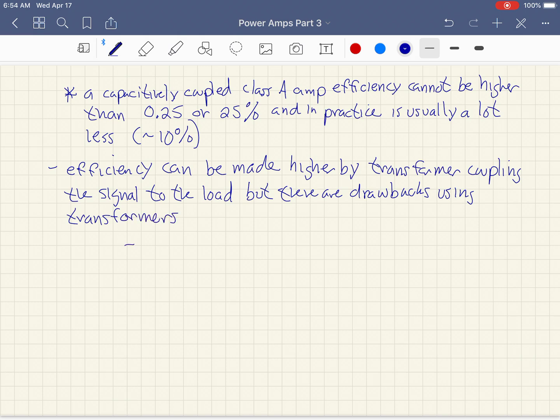They're heavy, they're expensive, so we can say size and cost. They're big. There's also potential for distortion problems.